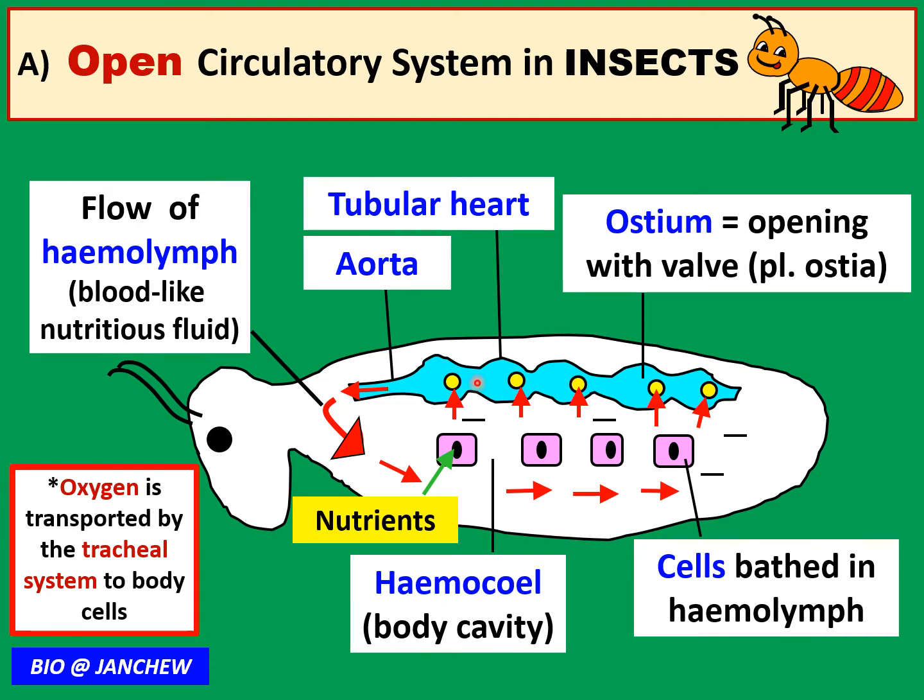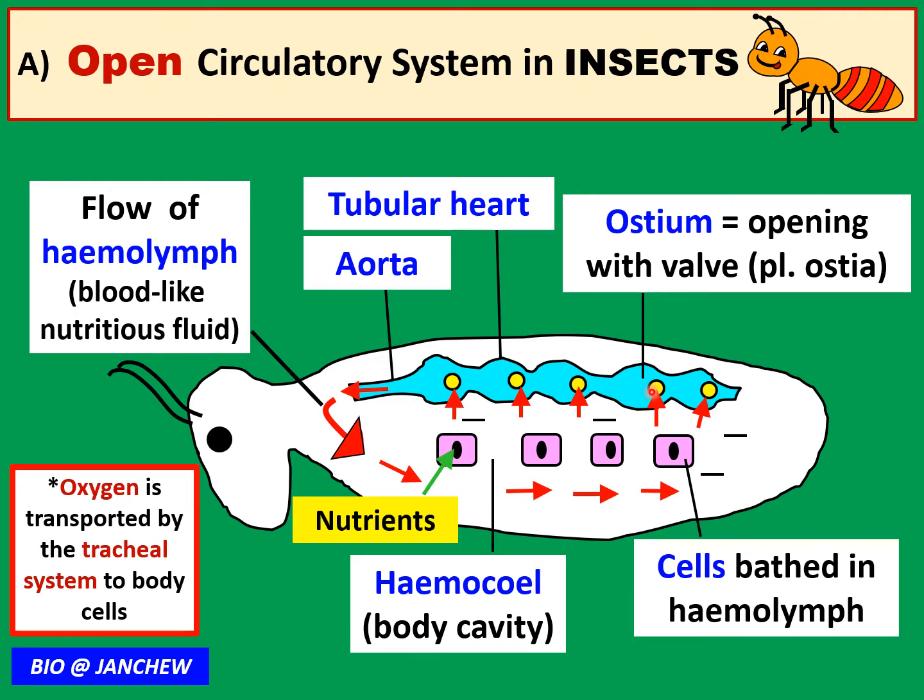So the heart can contract and pump the haemolymph out to fill the body cavity for the exchange of substances. And the heart has tiny openings called ostia. The singular form is ostium. All these openings, the yellow colored ones. So what is an ostium?